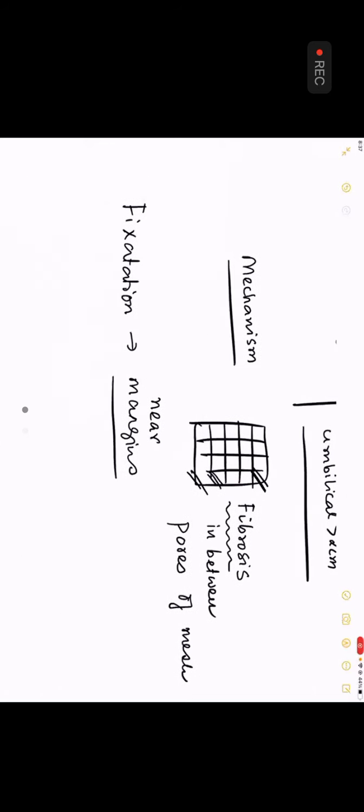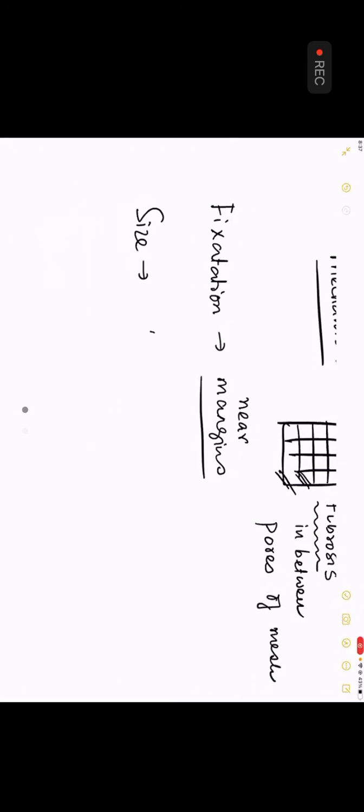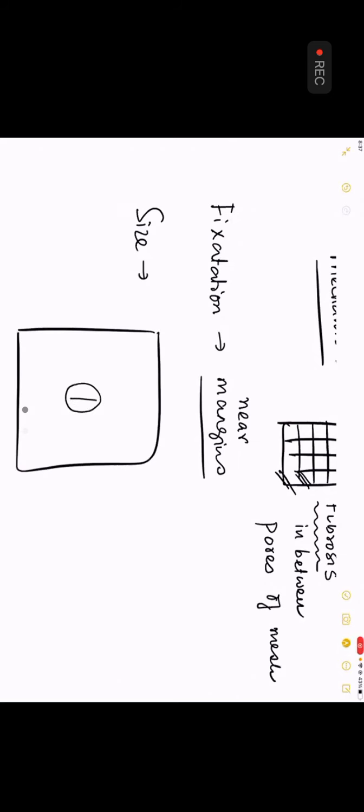Last one but not the least, what is the size? As I have said before, if this is the size of a hernia X, the size of a mesh is in such a way that you have to maintain a distance of 5 centimeter on all the sides with the mesh in the center.